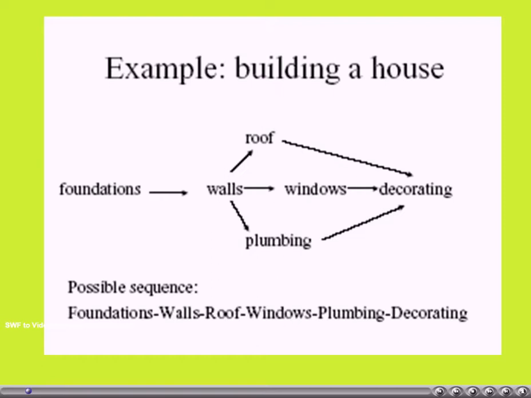We can go in a different way also. That is, we can go foundations, walls, windows, decorations. After that, roofs, and then plumbing. That is indicating that after constructing the walls, then only we have to have roof. Similarly, after having the walls, we have to have plumbing.